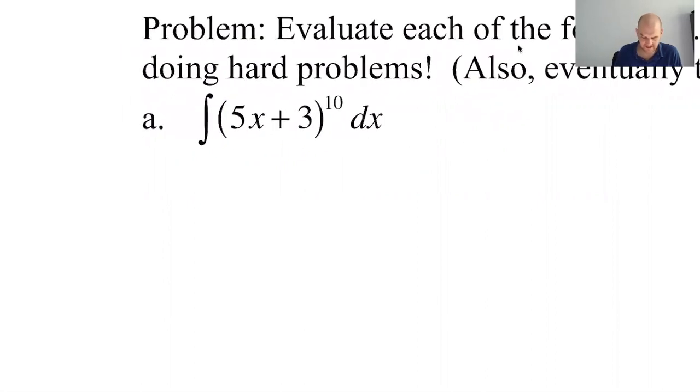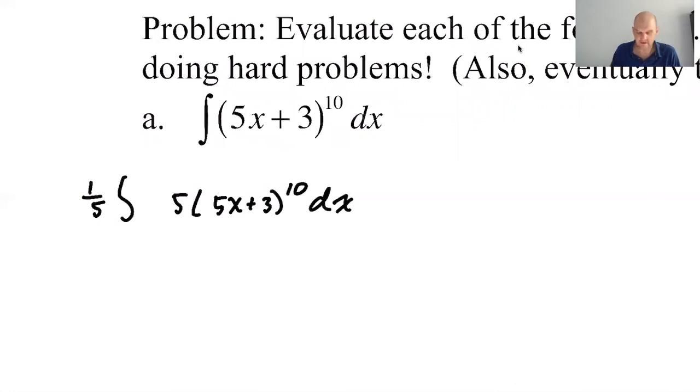In my head, the fun thing is you only have to track one part of this. You don't have to do all the work in your head. I'm going to multiply by 5 over 5. So I'm going to say it's 1/5 the integral of 5x plus 3 to the 10th. Now this is almost perfect, and I'll just reverse the power rule.